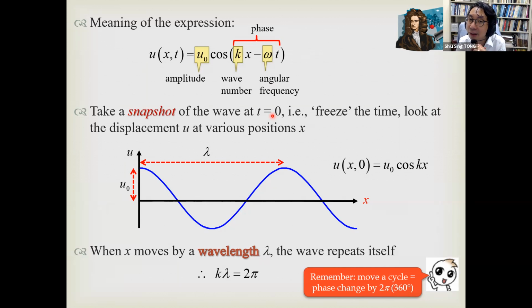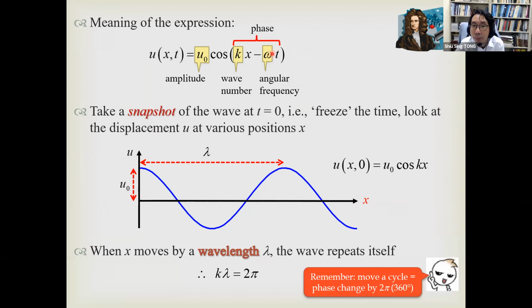That means we freeze the time. It's just like using a camera, pressing the shutter to take a photo of the shape of the wave at a particular time. So this is a graph, the snapshot at time 0.